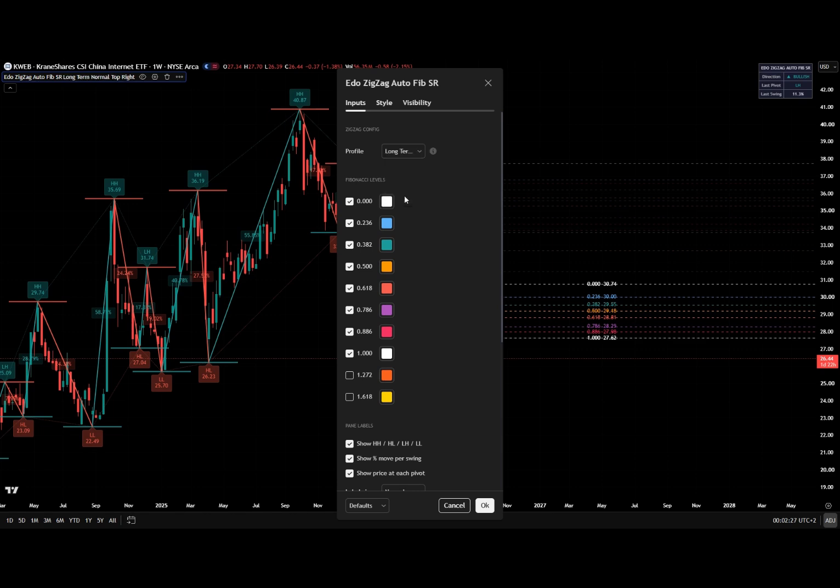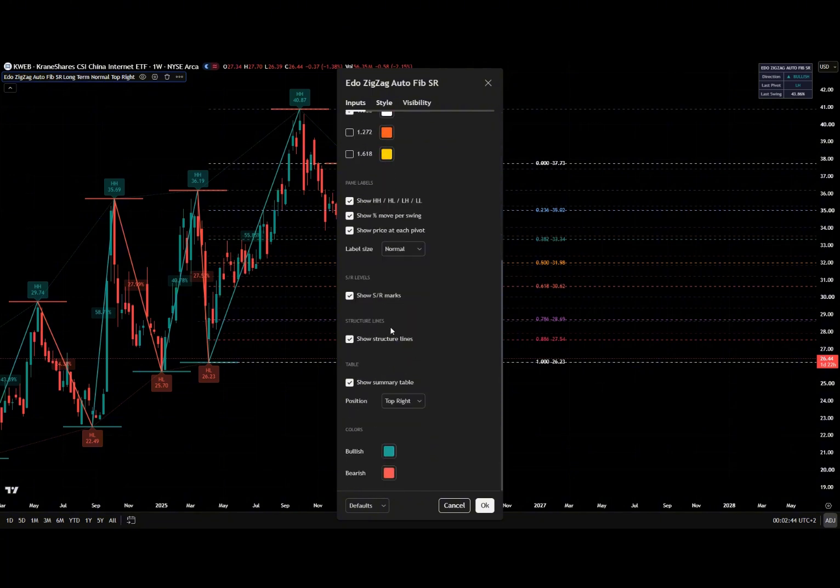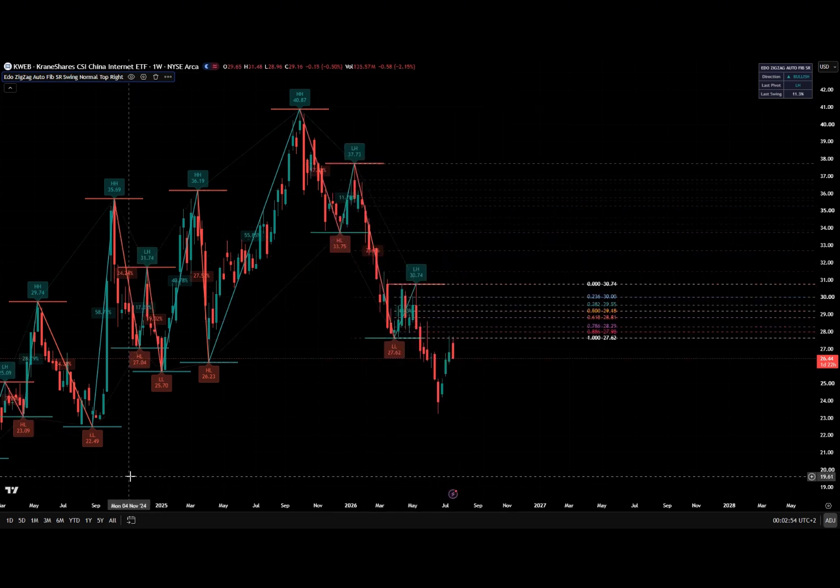Long term keeps only the major turns, and on a weekly chart the whole reading gets cleaner. Below it you choose which Fibonacci levels you want on the chart, and the extensions are there too, switched off by default. And further down, the labels, the support and resistance marks, the structure lines and the panel itself can all be switched off. Match the profile to your time frame, and leave the rest alone until you actually need it.